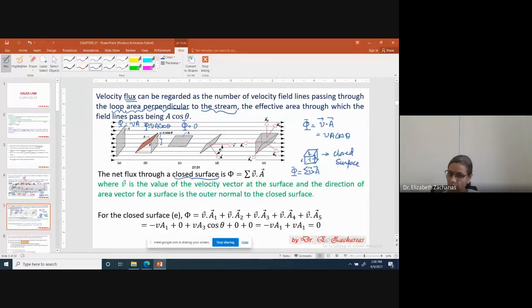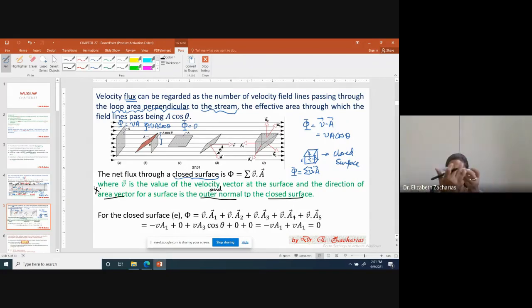And when you're talking of a closed surface, one very important thing that you should remember is that when you are talking of the area vector for a closed surface, you have to consider the outward normal to the closed surface. Like for example, I have my remote here.